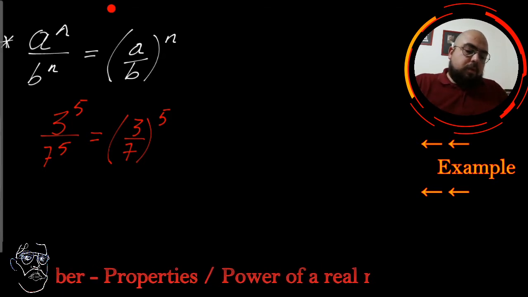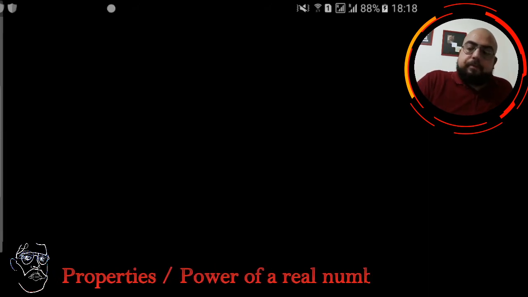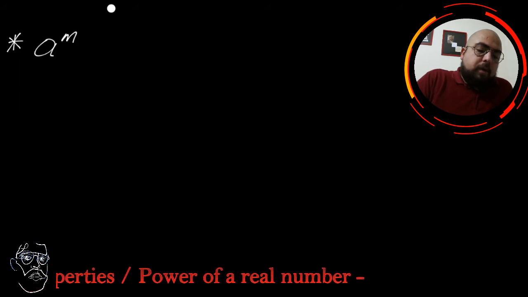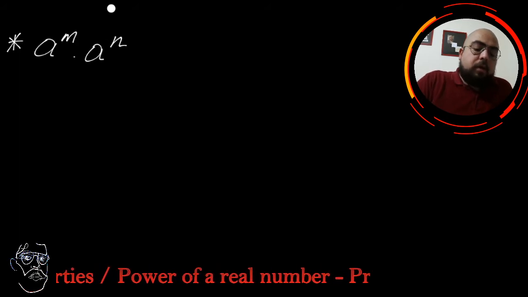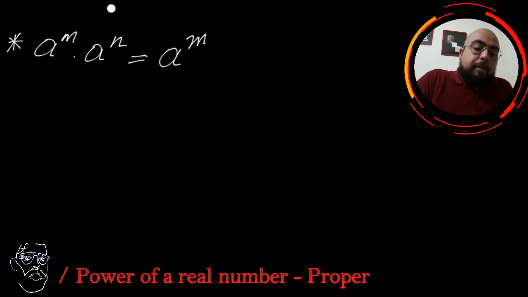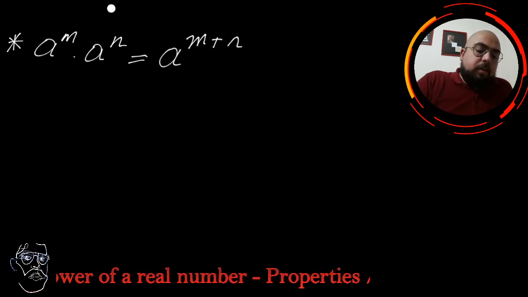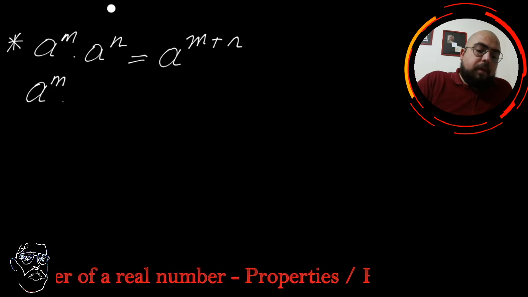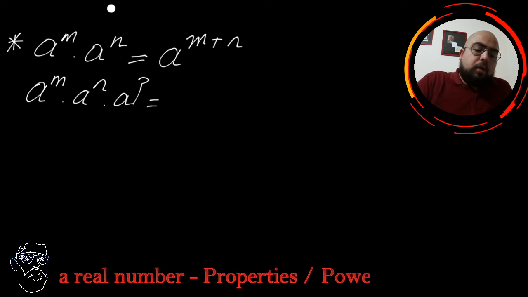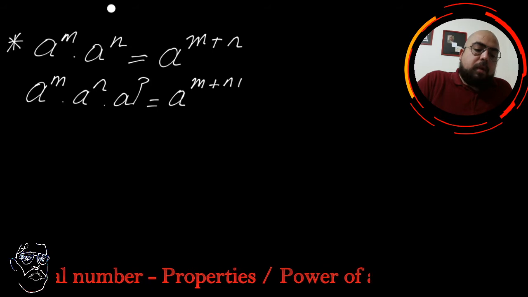Now, the third property, we have a to the power of m times a to the power of n. In this case, you write it down as a to the power of m plus n. And similarly, when you have a to the power of m times a to the power of n times a to the power of p, you can write it down as a to the power of m plus n plus p.